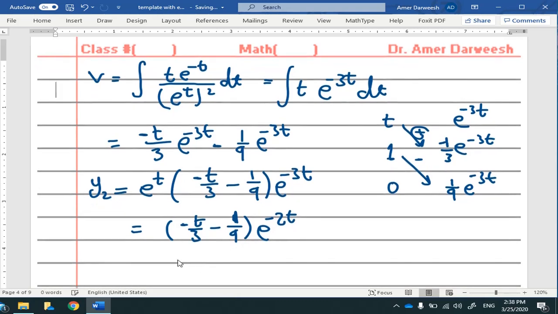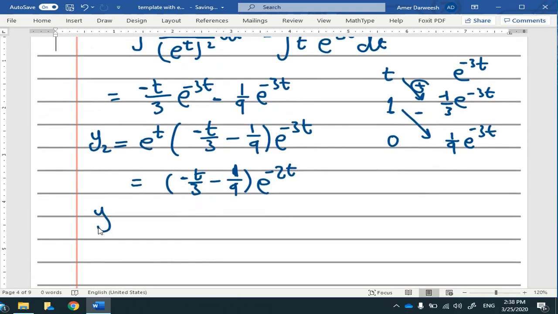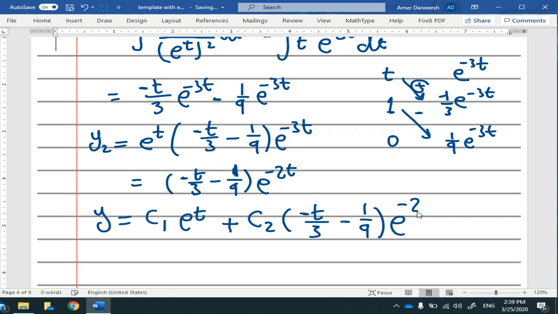So this is y2. So the general solution will be c1 times y1, which is e to the t, plus c2 y2, which is (negative t over 3 minus 1 over 9) e to the minus 2t. And here's the general solution.